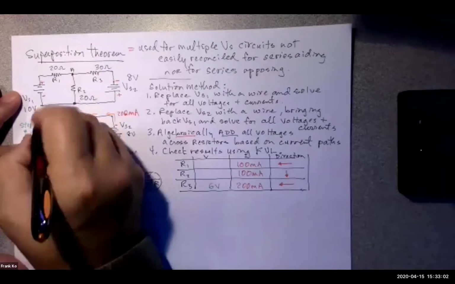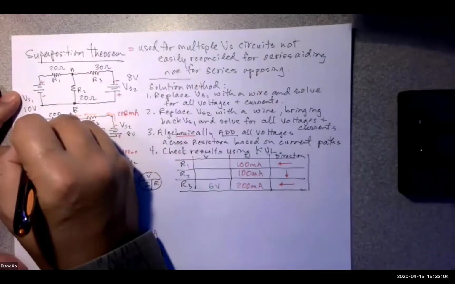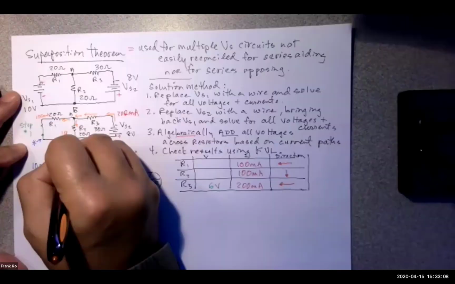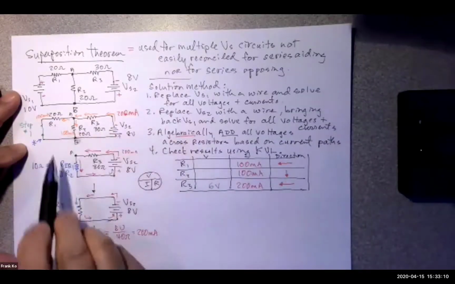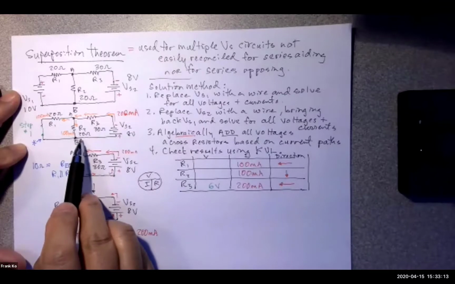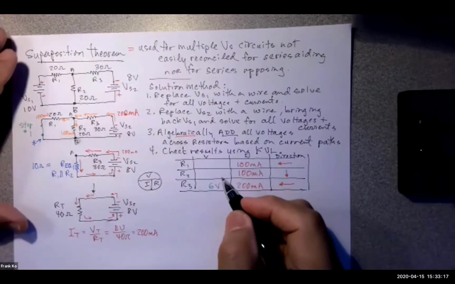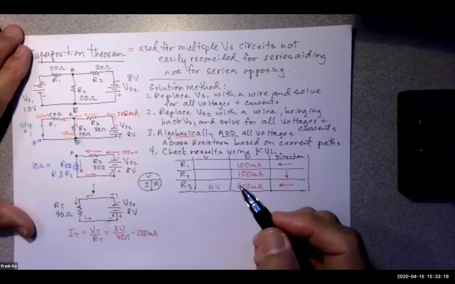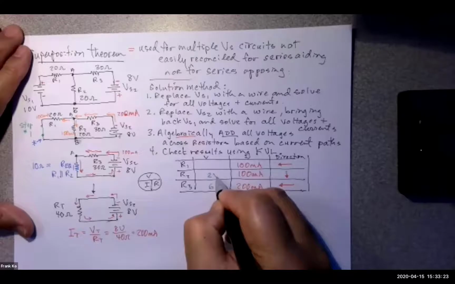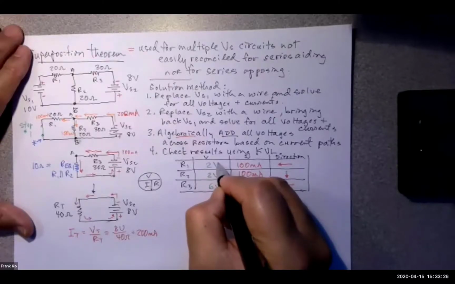If you had decided we have 100 milliamps through here, 100 milliamps through here, you simply take 100 milliamps times 20, and that will give you 2 volts. Thank you, Andrew. So 2 volts and 2 volts.